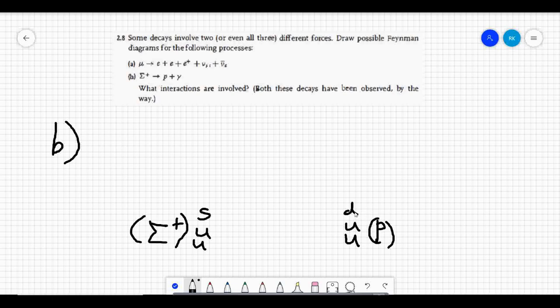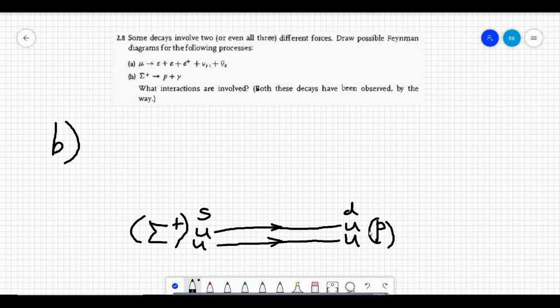So that'll give us a total charge of plus 1, which is consistent with the charge of a proton. So the up quarks act as spectator quarks in this decay. And this is an indicator of the strong interaction at play here. So now we've included the decay of the sigma plus particle into the proton.